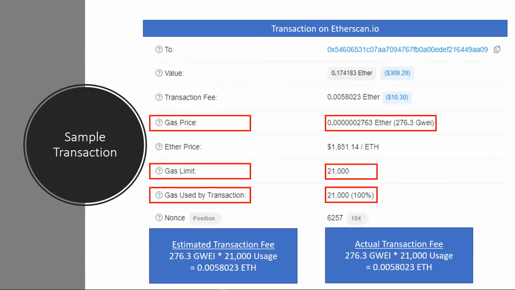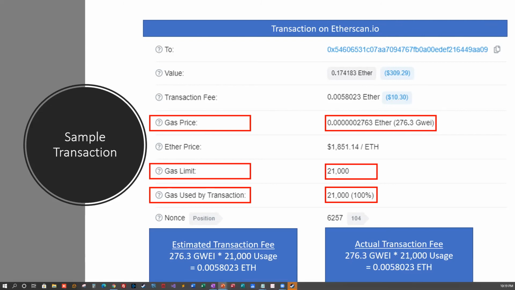So now in this case, the GUI rate was 276.3, which was significantly more than the last transaction we looked at. But because the usage was so low to make this transaction happen, both the estimated and the actual amount ended up being 0.005.